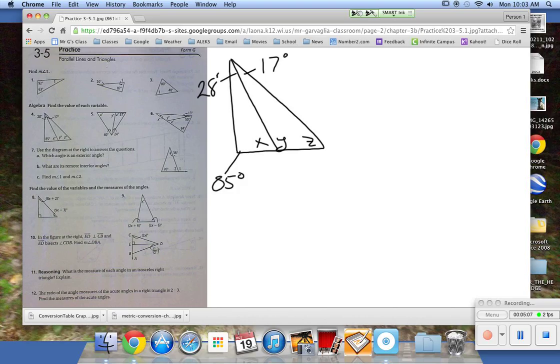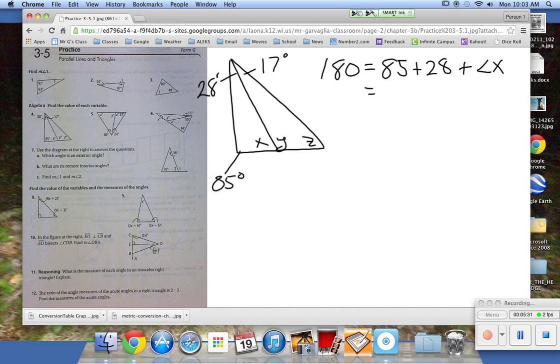How would we figure that out, Amber? 180 equals 85 plus 28 plus angle X. Okay? We'd add them together.